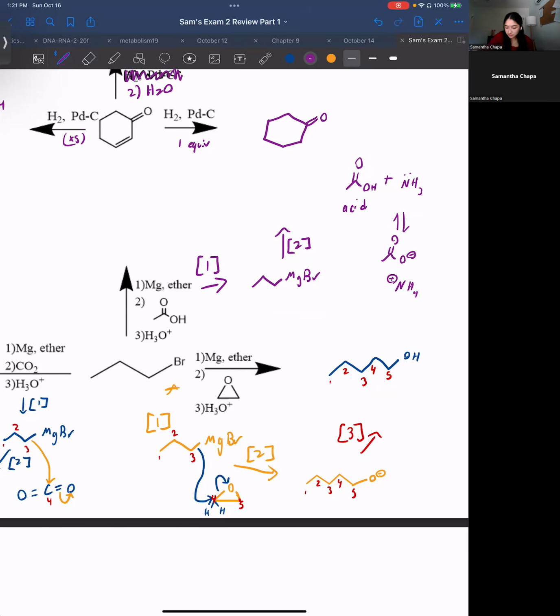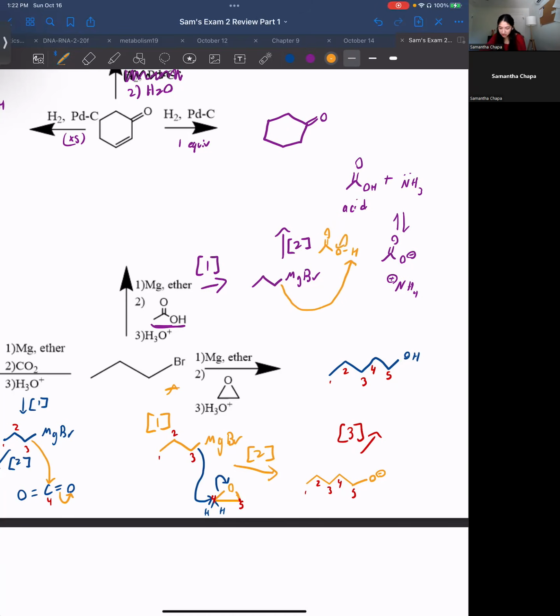So then on my organometallic, our organometallic usually acts as a nucleophile, but here it can act as a base. So then I have my acid group right here, and I'm going to react it with my acid. And instead of this carbon nucleophile, it's going to act as a base and deprotonate this oxygen right here.